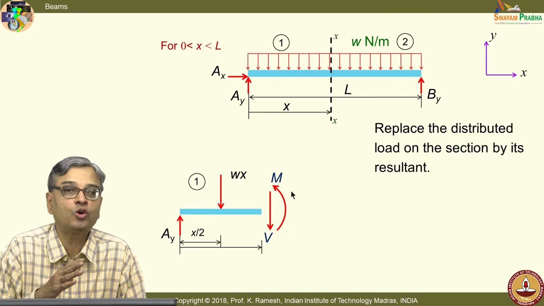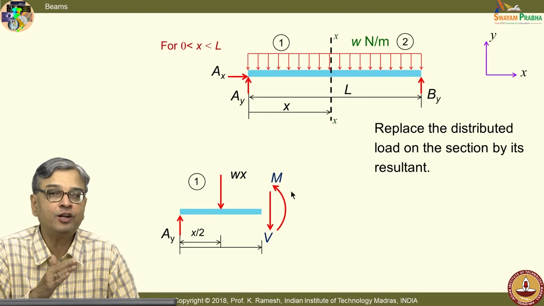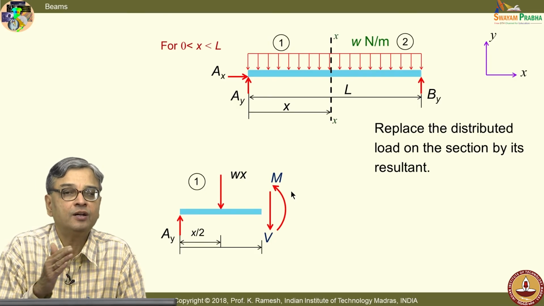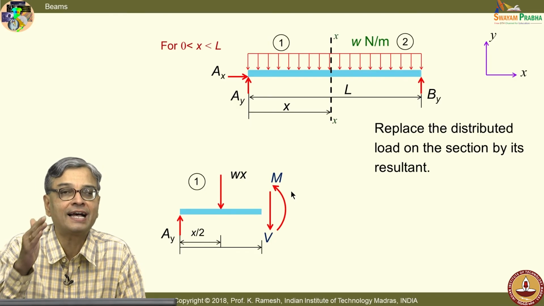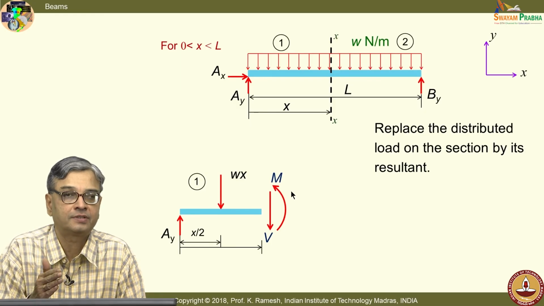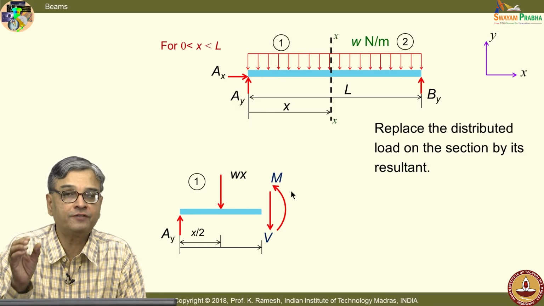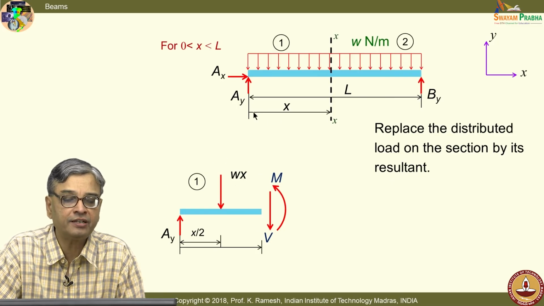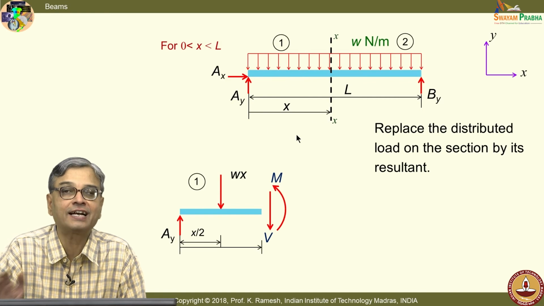And what you will have to note down is, while finding out the support reactions, we have replaced the original distributed force as a resultant force. That we have used for finding out the support reactions. But I cannot cut that beam where you had one concentrated force for me to find out the variation of the bending moment and shear force when I cut a section at x.